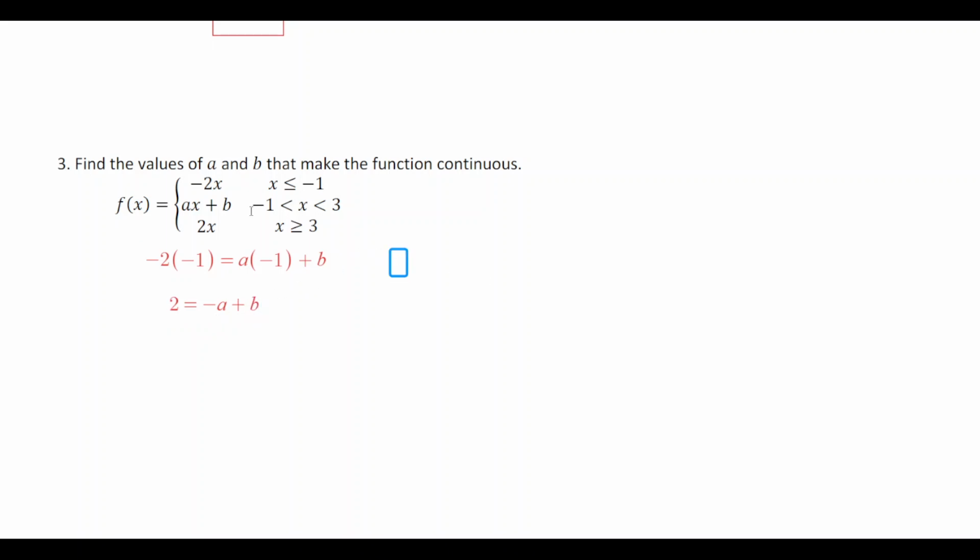And then for the second equation, at the second break, we've got ax plus b equals 2x. And we want that to happen when x is 3. So we're going to have 3 times a plus b equals 2 times 3. And so once I simplify that, I get 3a plus b equals 6.